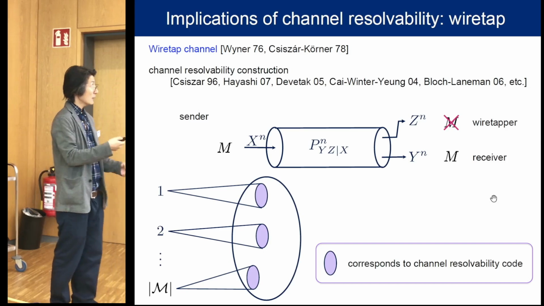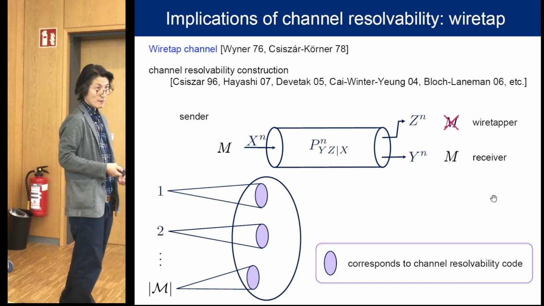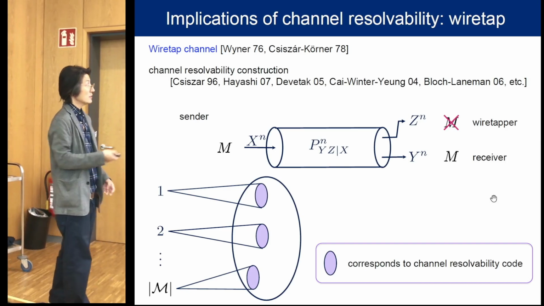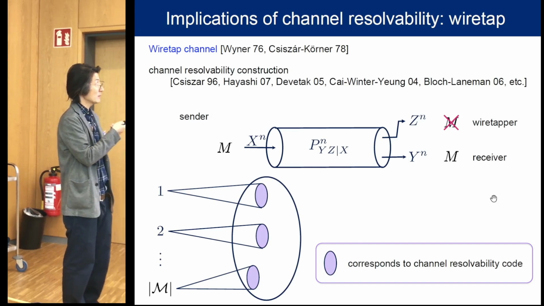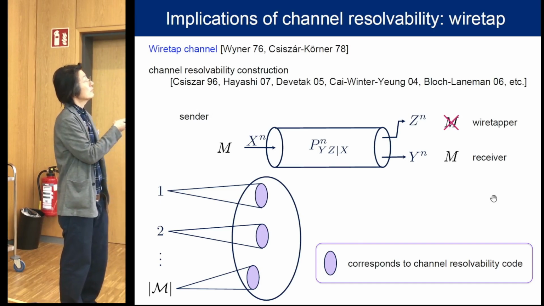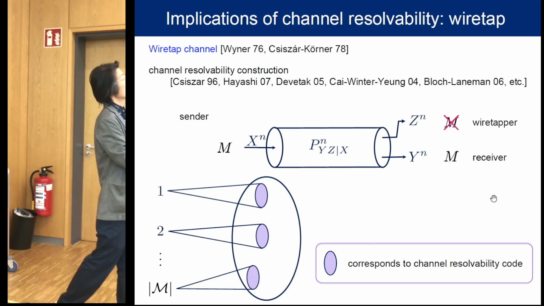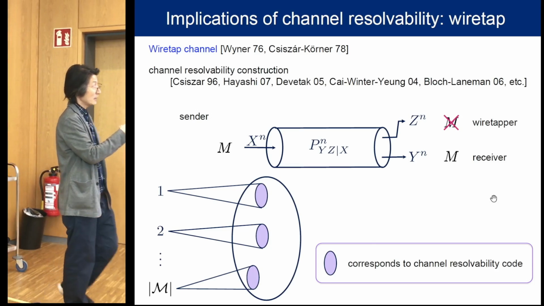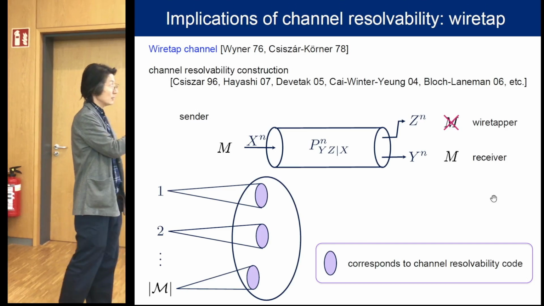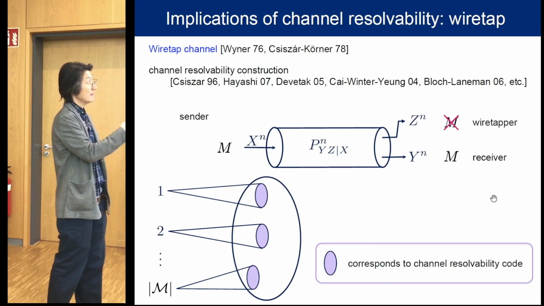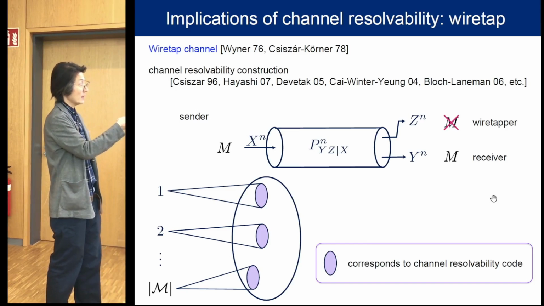And channel resolvability can be used for code construction of this problem, and it has been used in many papers initiated by Csiszár and also Hayashi, and for quantum setting, Devetak, Winter, Yang, and etc. And so we have some noisy channel with one input and 2 outputs. And one of outputs is observed by some wiretapper.